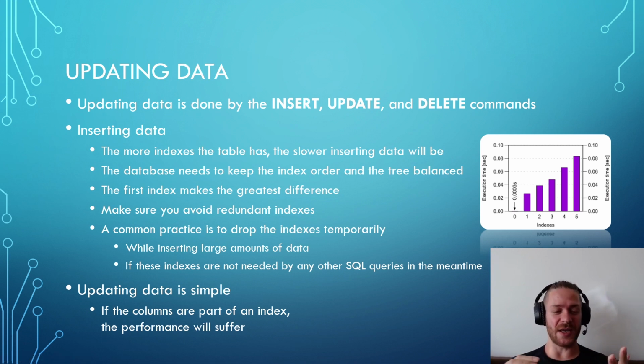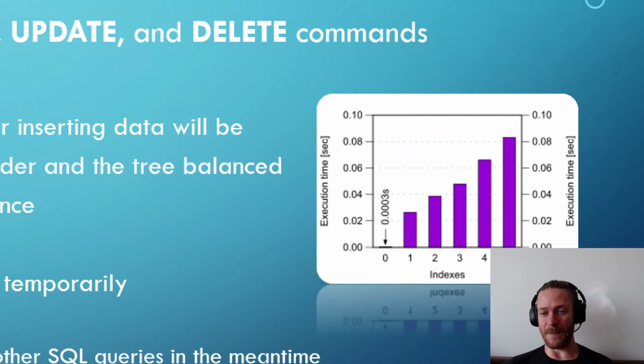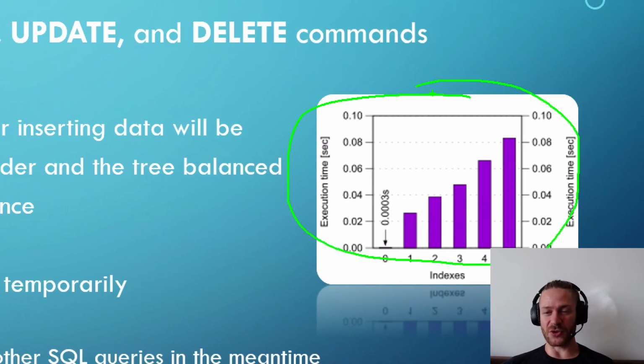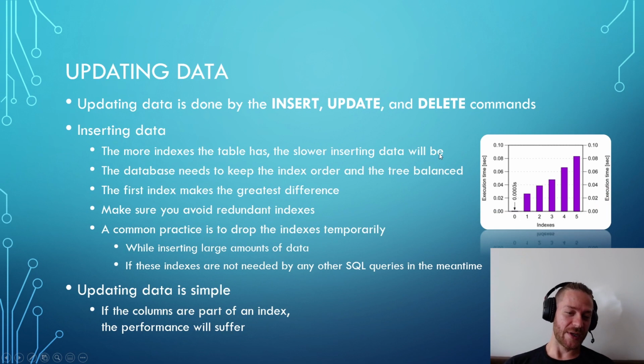So if you update the salary column and the index does not contain the salary column, then the index doesn't need to be balanced, and that's completely okay. So when you update data, consider whether the data you are updating is part of an index. Then it will have the same penalty as here. The tree needs to be rebalanced.